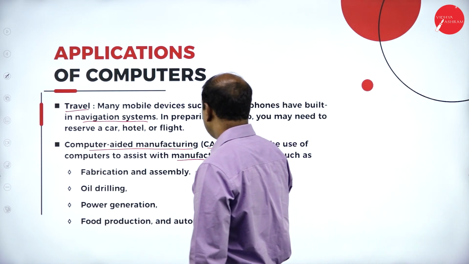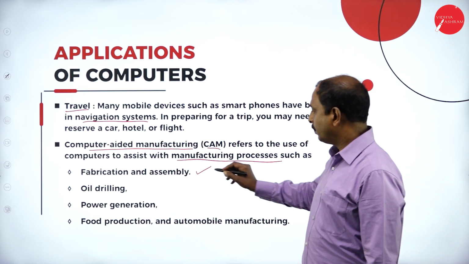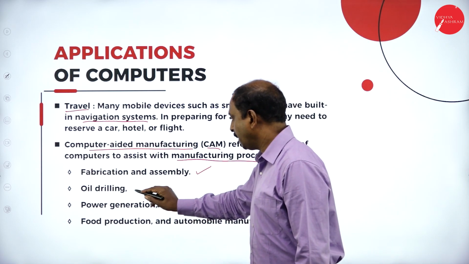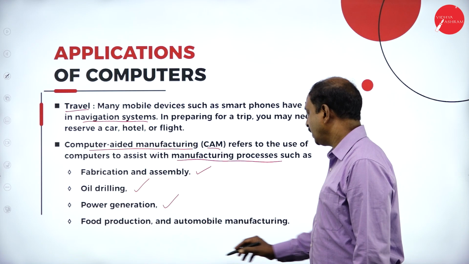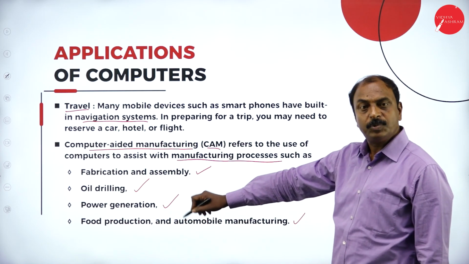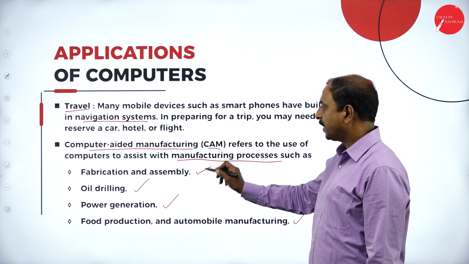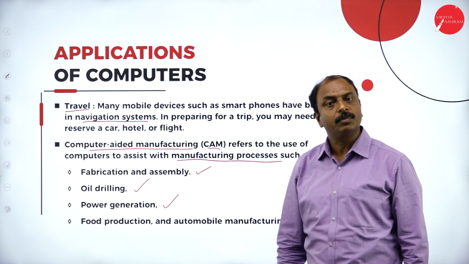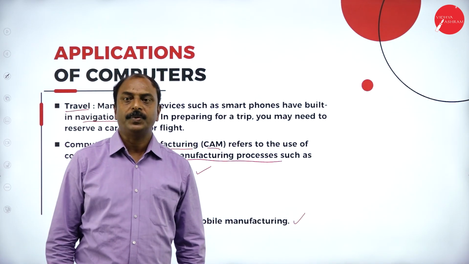One is fabrication and assembly, in automobile applications, oil drilling, power generation, as well as food production and automobile manufacturing. These are all different types of applications in the field of manufacturing, fabrication, or the automobile industry. So these are all different applications of computers.